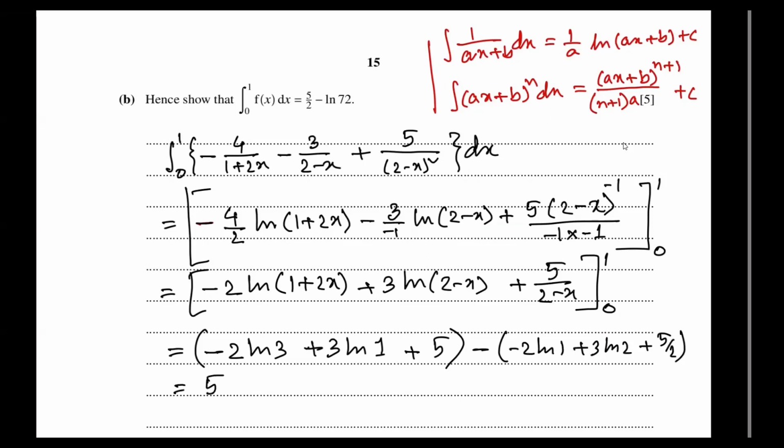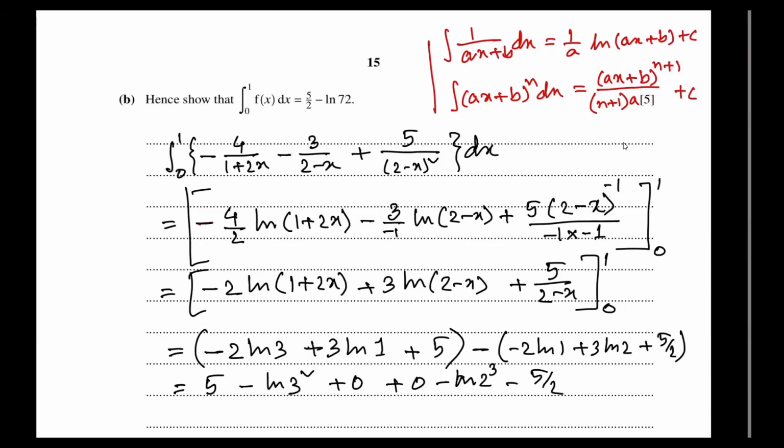So we have 5 plus 2 ln 3, that is ln 3 squared, plus 3 ln 1, that's 0. Minus 2 ln 1 is 0, minus 3 ln 2, that is ln 2 cubed, minus 5 by 2.